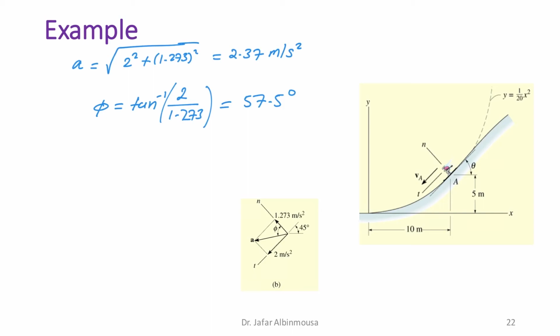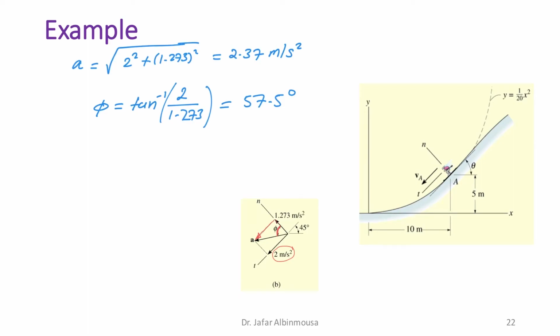Now, if you look carefully over here, I'm going to make the line fine so that I can draw. So this is the angle over here, and the opposite to the angle is this vector, which is basically equal to 2 meters per second squared.